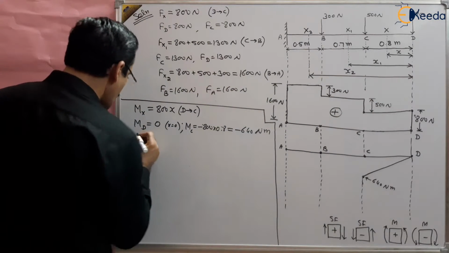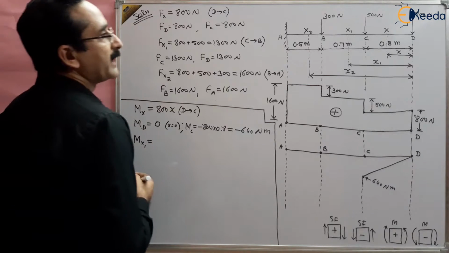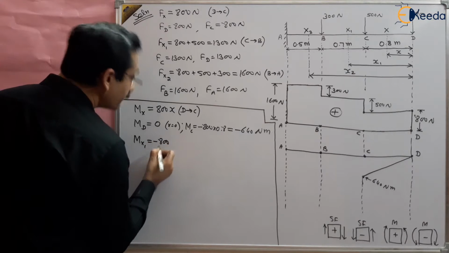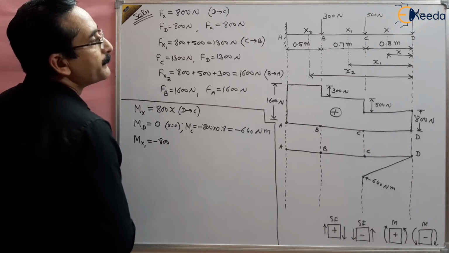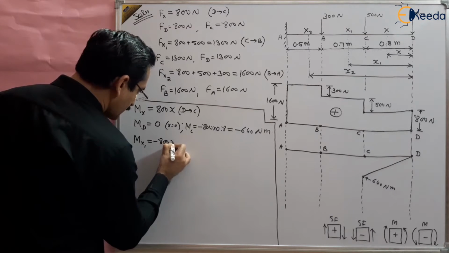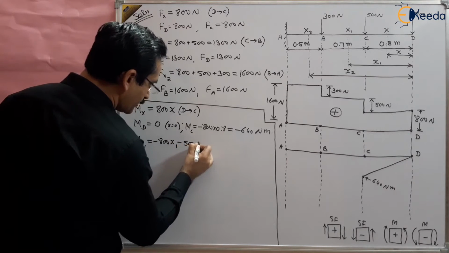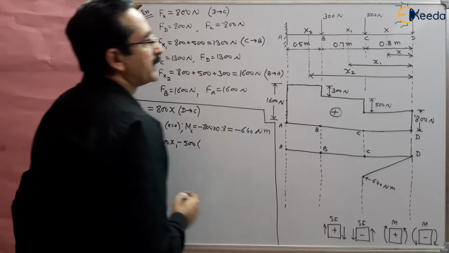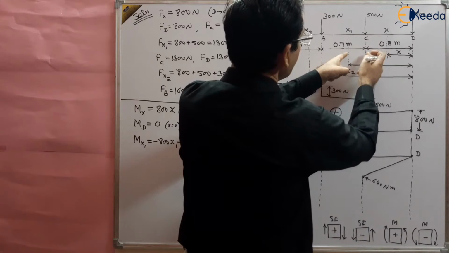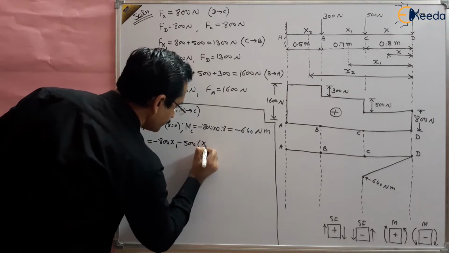So Mx1 will be equal to minus 800 multiplied by x1 and minus 500 multiplied by this distance CX1. What is CX1? That is x1 minus 0.8.